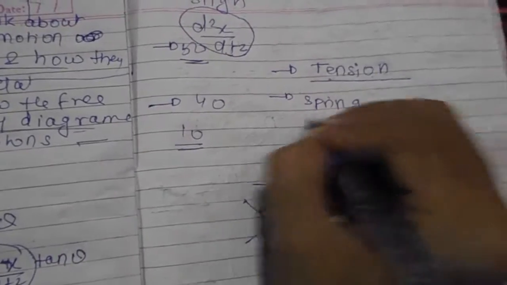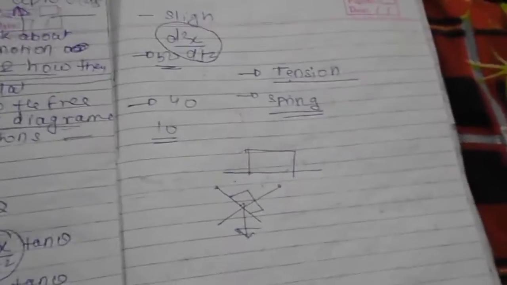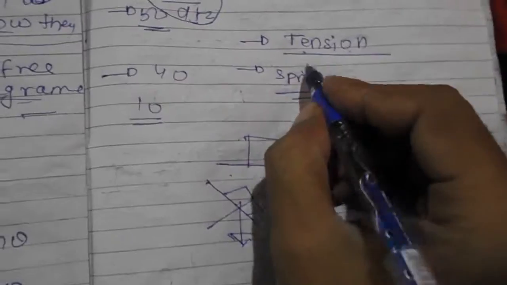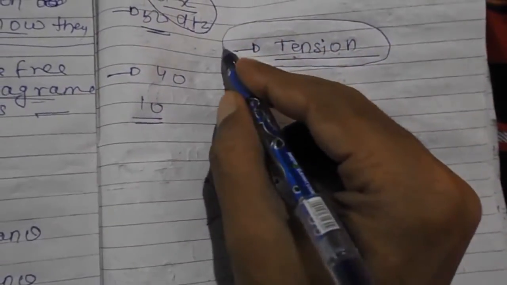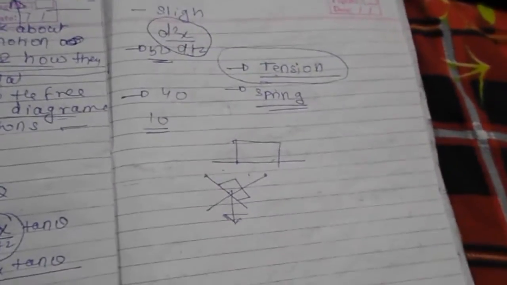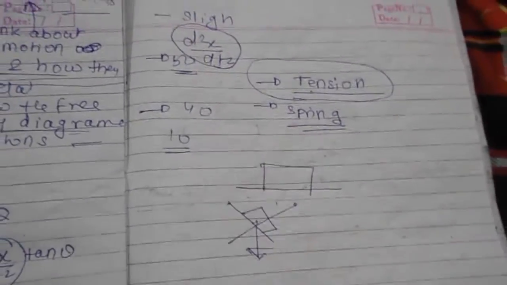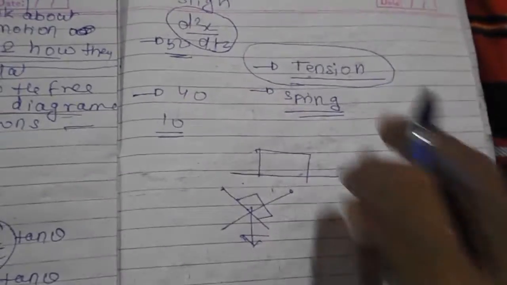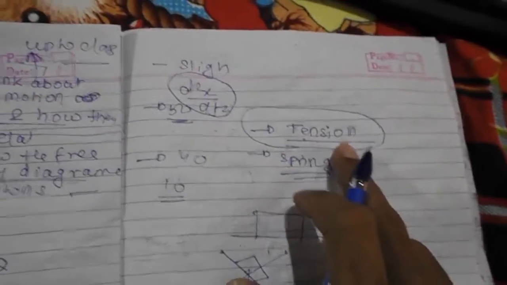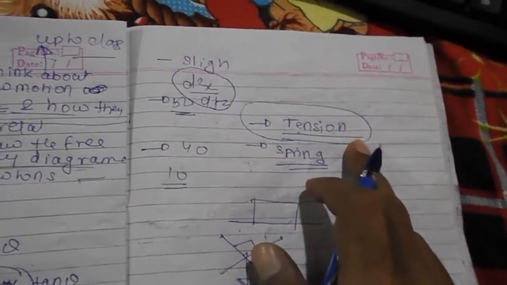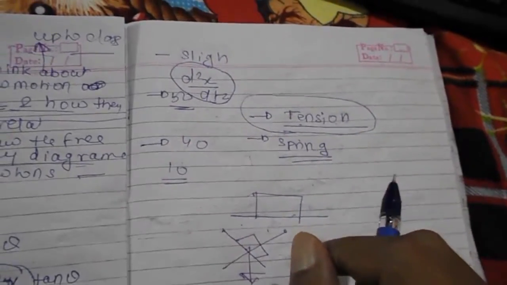For tension, I will give some illustrations to explain what is required to understand tension forces, etc. And after that, spring, okay. Initially we'll solve some easy questions on tension, in which a body is connected by a string, and try to solve the questions with the help of tension forces.